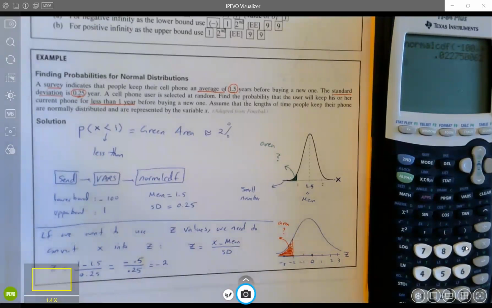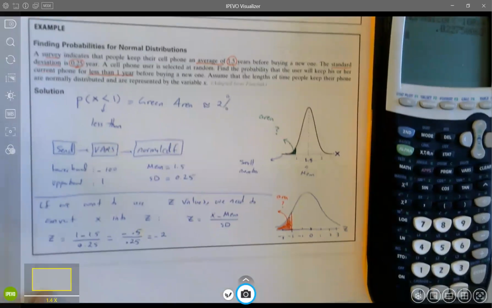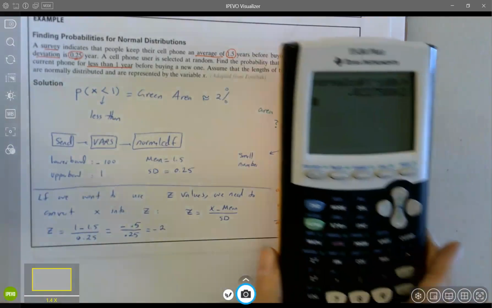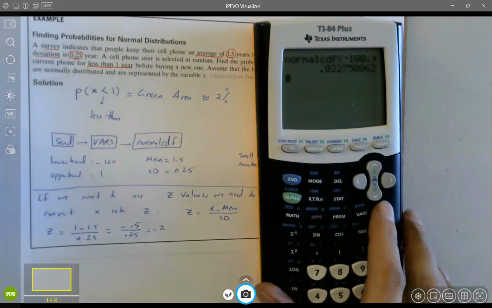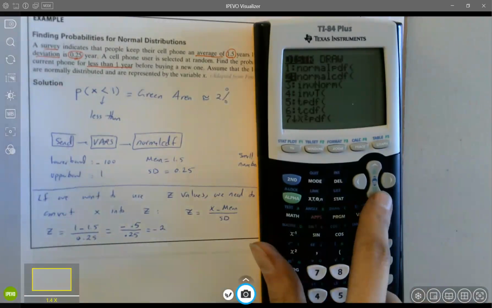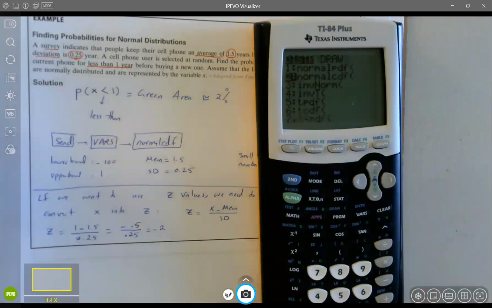Well, if you want to use our calculator, the instruction is exactly the same, except for the mean, standard deviation, and your upper bound. So we go to our calculator, second vars, we find normal CDF.